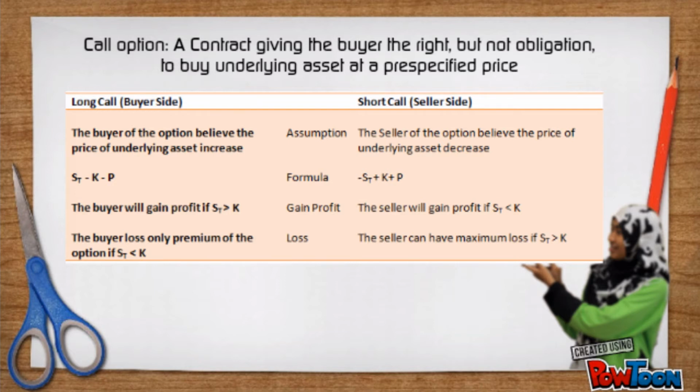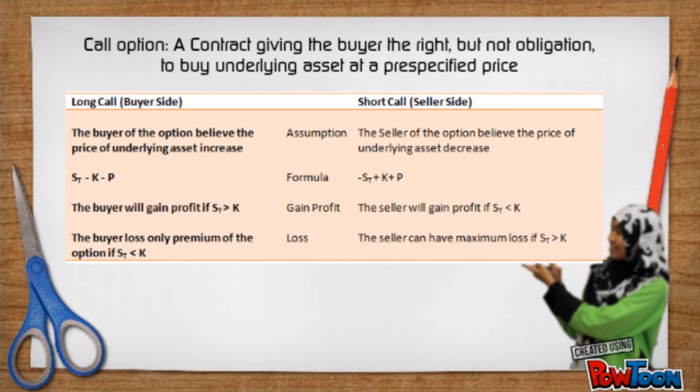For long call, the buyer of the option believes the price of the underlying asset will increase, while for short call, the seller of the option believes the price of the underlying asset will decrease. The formula after the call option is exercised is ST minus K minus P for long call and negative ST plus K plus P for short call.